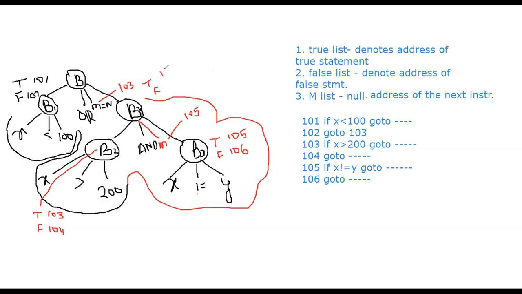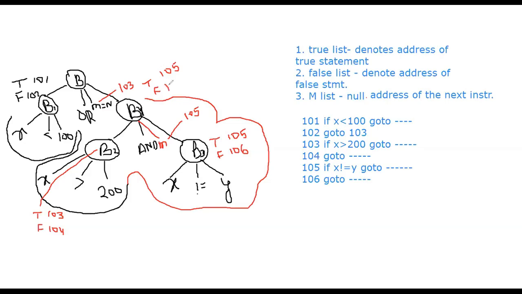What is the address of the M list? That is 105. And what will the false list of the B4 node contain? This particular reduction will contain the false list of B2 union false list of B3.